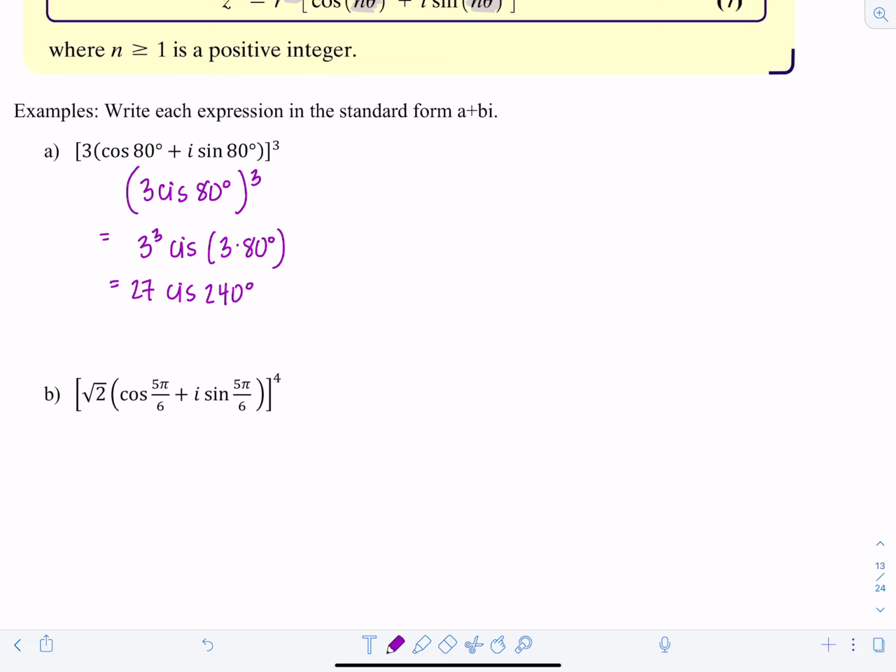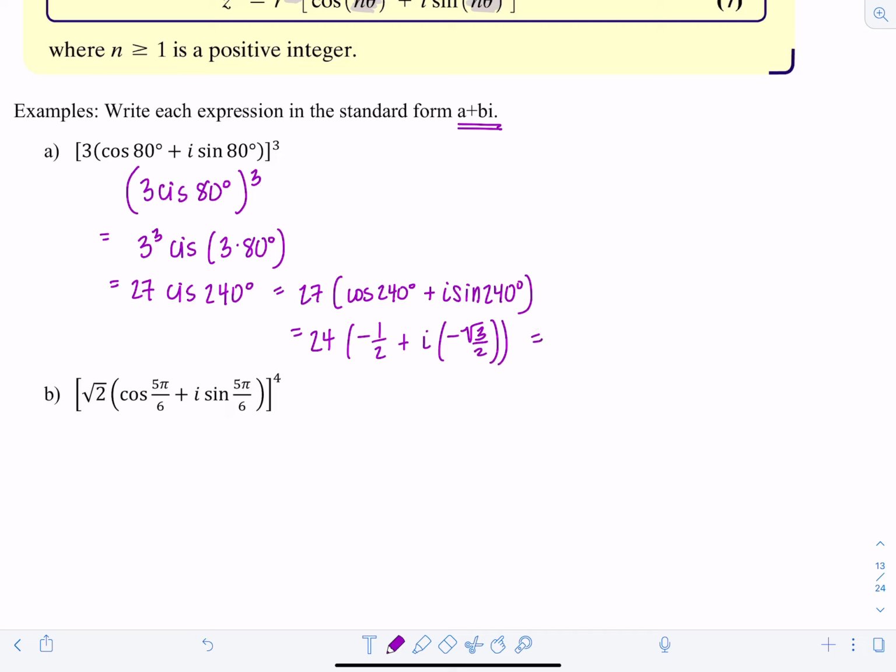Now this time the directions say to write it in standard form a plus bi, not polar form. So I can't leave it like this. I have to expand it and switch it to rectangular. So this is 27 cosine 240 plus i sine 240. So we're going to have 27 cosine of 240 is going to be negative 1/2 plus i times sine of 240 is negative rad 3 over 2.